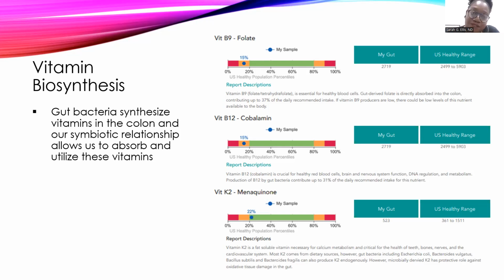And so the amount of vitamins that our microbiome makes is very important for overall health. In fact, it actually highlights our symbiotic relationship between our cells and the millions of microbes in our body.